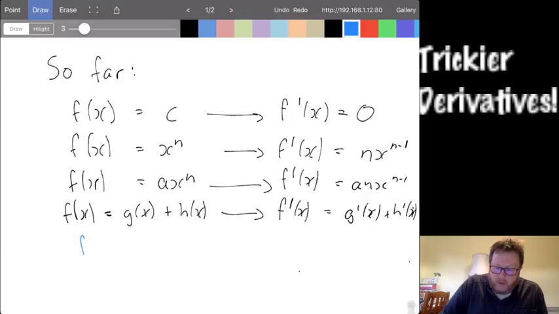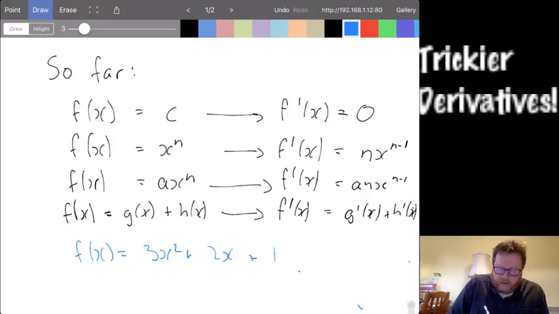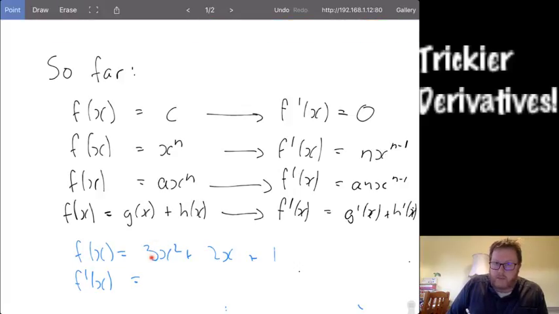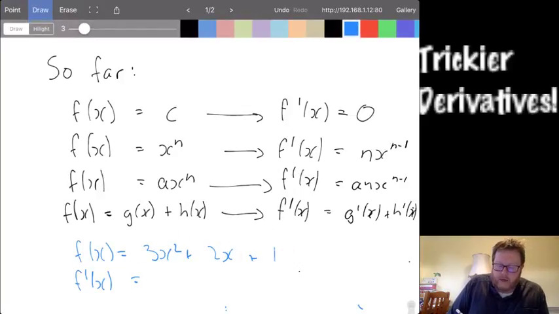So, in other words, if I've got f of x equal to, e.g., 3x squared plus 2x plus 1, then the derivative of the function is taking the derivative of each part in turn. So 3x squared becomes 6x, okay?